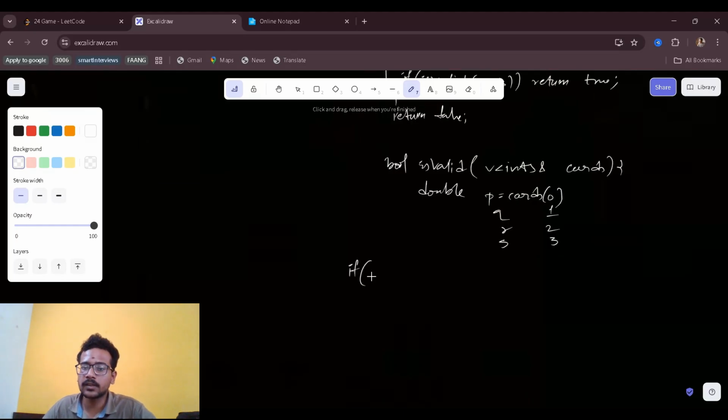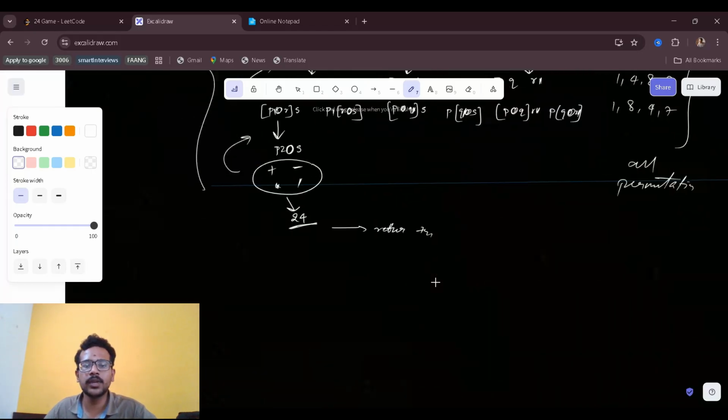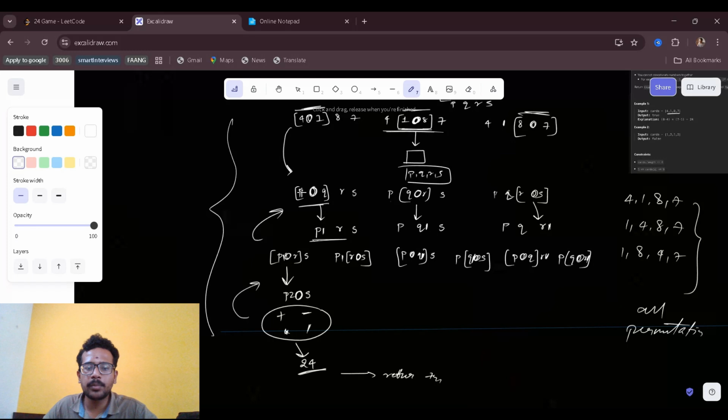I'm writing another is valid function where, instead of cards, I'll be having double values. So here is the important thing which we need to consider. I got PQRS. What I did, P and Q, one operation: plus, minus, multiplication and division. Let us write for that.